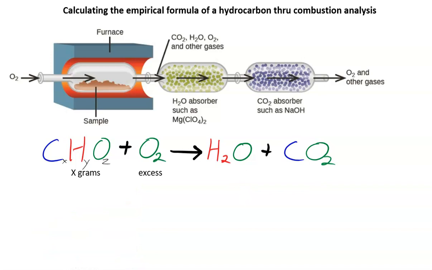By the way, even if you calculated the mass of the oxygen in water and the mass of the oxygen in carbon dioxide to equal the total mass of oxygen, which will be equal to the total mass of the oxygen on the reactant side, we still don't know where each part came from.